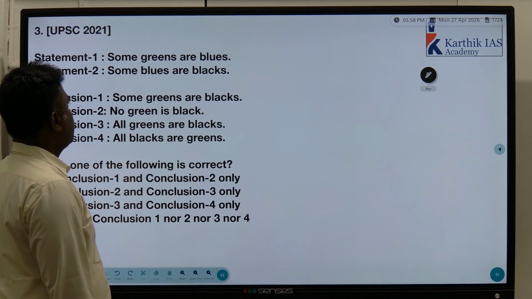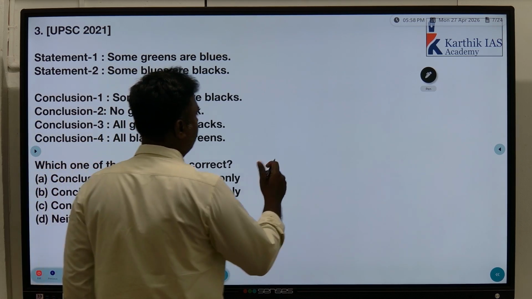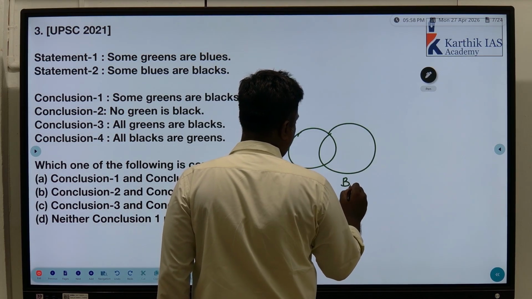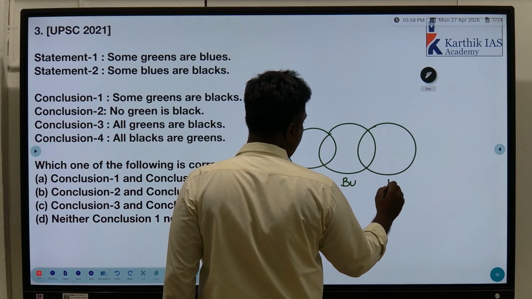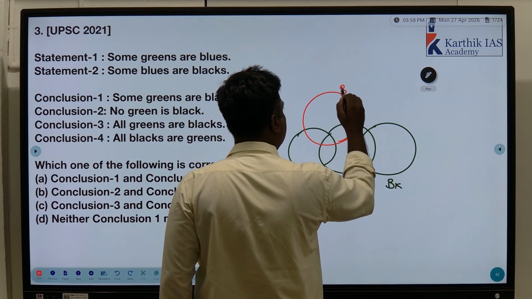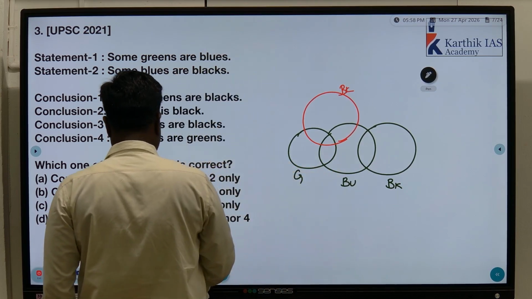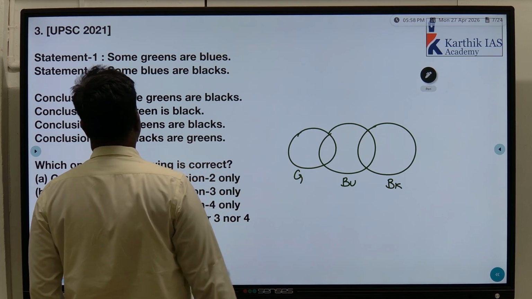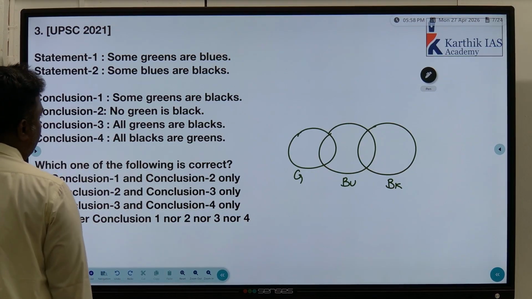Okay. Some greens are blues. Some blues are blacks. Green, blue, some blues are blacks. This black I can draw here also. Understand? That is the alternate diagram. You have to keep that in mind while answering the questions. Some greens are blacks. That we can't say.